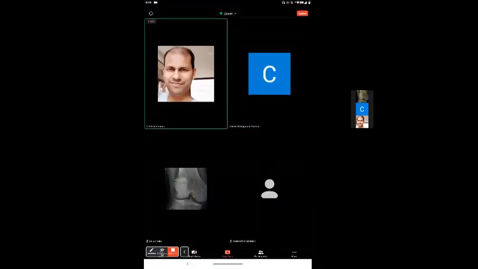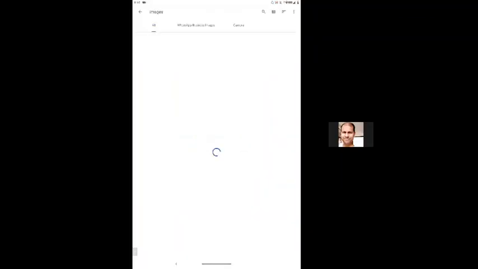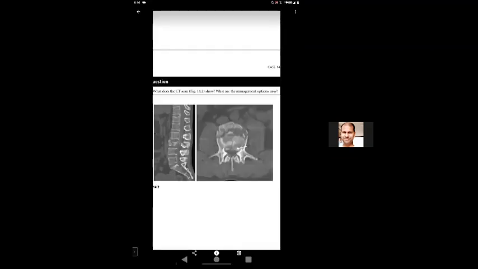Let me just check again. But when we tried, it was working, no? Yes, sir. Please click on the share screen button and then you'll have an option. It is visible now. You have shared the screen right now. So can you see this image? Can you all see this image?